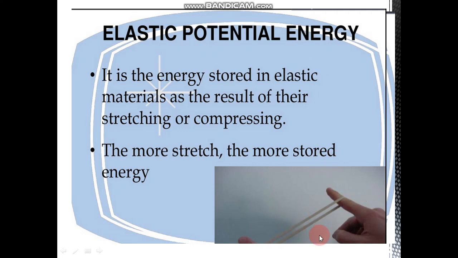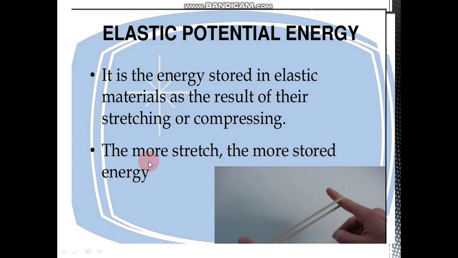Now, in this figure, we see that a rubber is stressed. If we stress it more, then the elastic potential energy will be more. More stress, the more stored energy.